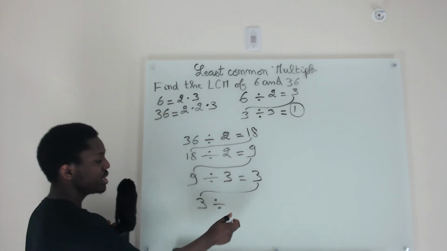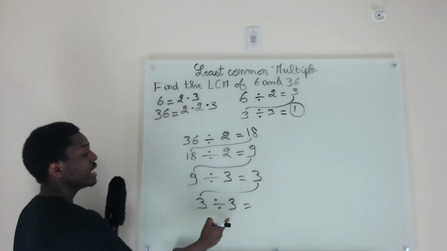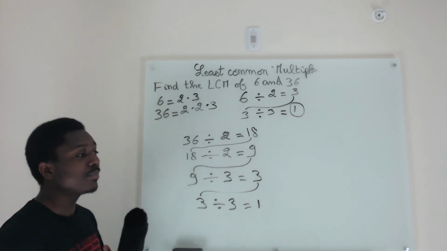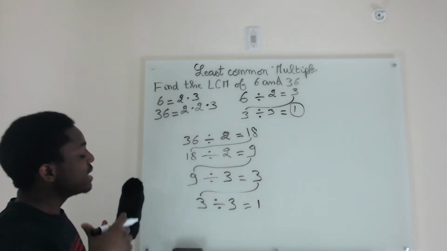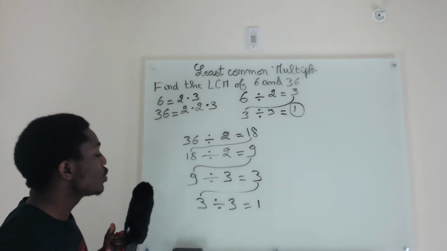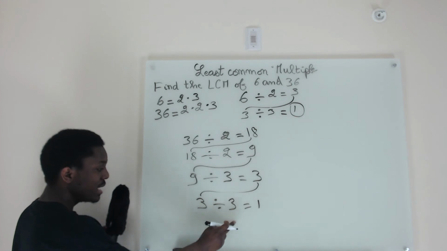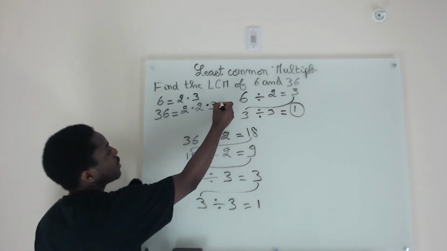So this number is 3, so I divide it by 3. So 3 divided by 3 is what? 1. 1 is a nice number. It is not a decimal basically. It doesn't contain a decimal point. So therefore, this 3 right here is divisible by this one. So I can take this 3 and put it right here.